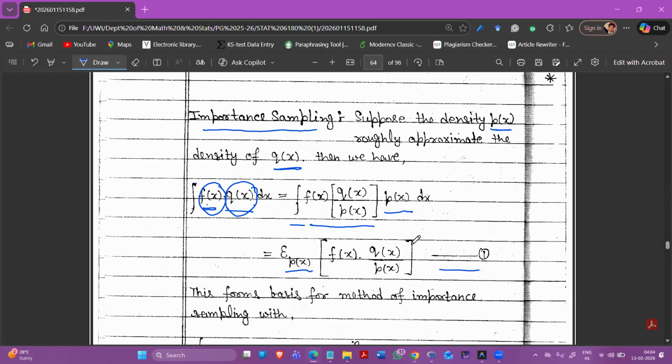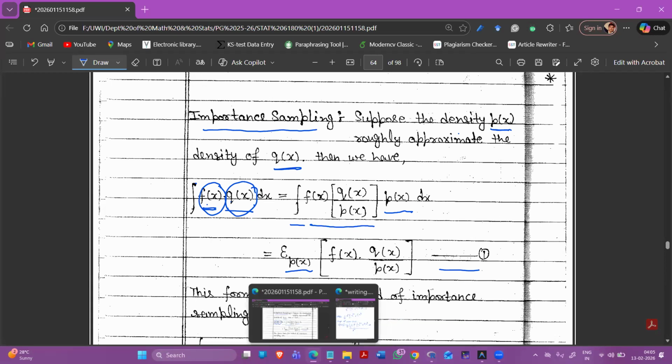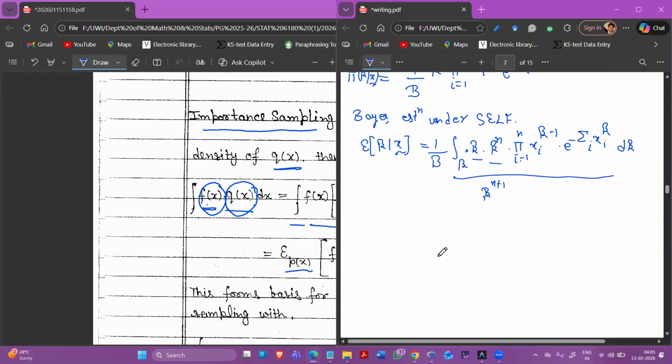How do we get the expectation? See, expected value of x if x follows the density fx, what will be your expectation?